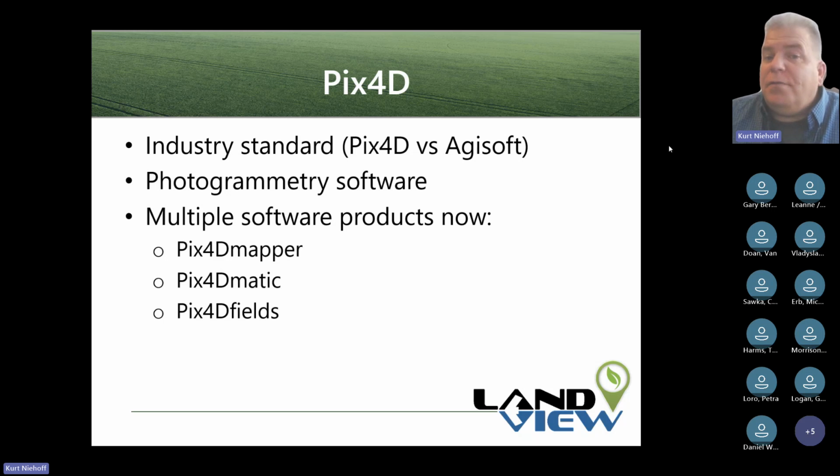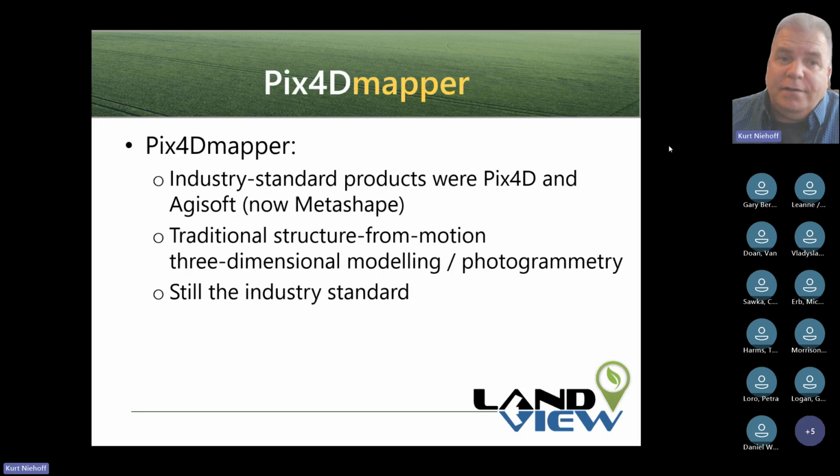So Pix4D is photogrammetry software, all of it. Photogrammetry, measuring things with imagery. And the products that are worth looking at are Mapper, Matic, and Fields. Mapper is kind of the industry standard still. It's traditional structure from motion, three-dimensional modeling, photogrammetry.